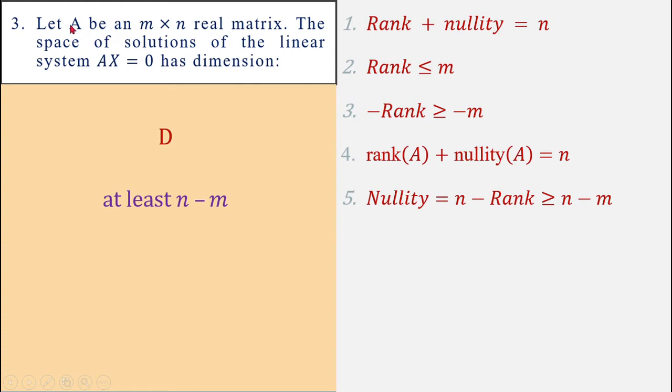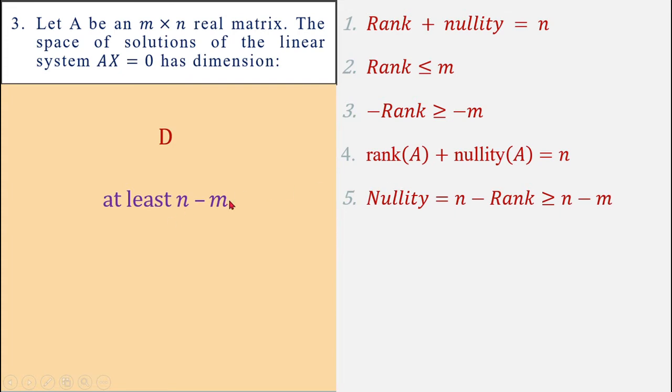Nullity of matrix A is nothing but the dimension of the null space of A, which is nothing but the dimension of the solution space of the linear system Ax equal to 0. Note that the solution space of the homogeneous linear system Ax equal to 0 is nothing but the null space of matrix A. So the dimension of the solution space of Ax equal to 0 is nothing but the dimension of the null space of A, that means nullity of A. And we get nullity of A is greater than or equal to n minus m, meaning it is at least n minus m.